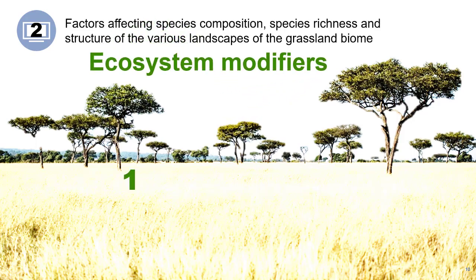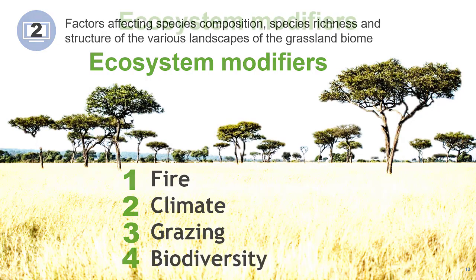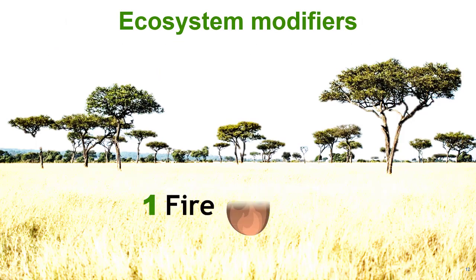Ecosystem modifiers that have an impact on the grassland biome are fire, climate, grazing, and biodiversity. The first modifier that we will discuss is fire.